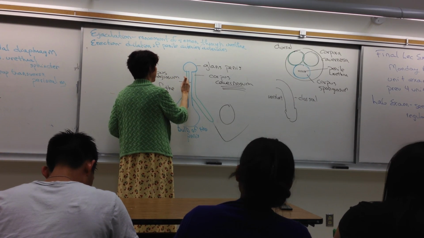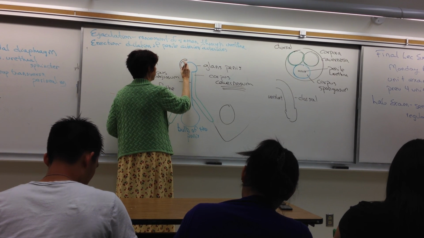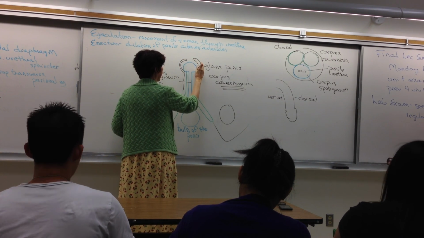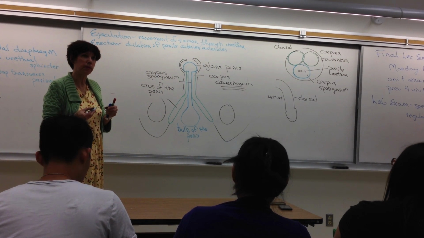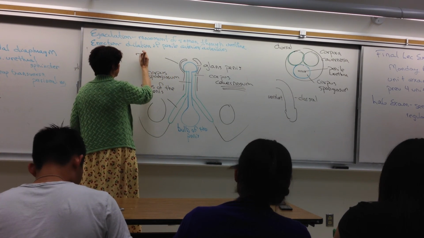So where we have the skin covering the structure of the penis, it's folded back on itself and fuses, and that is the foreskin or the prepuce. All right, so this is a retractable covering of skin.